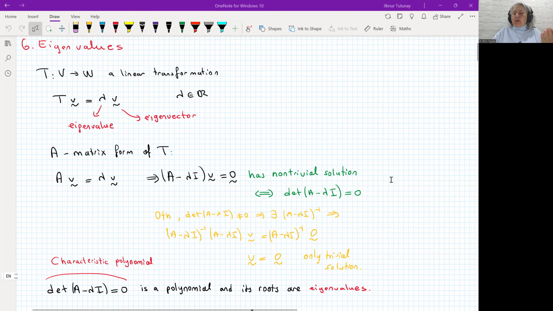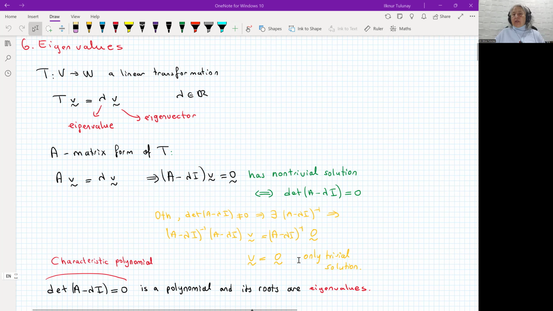There is a very simple reason for it, because if the determinant is not equal to 0, then there exists an inverse of this matrix. And then you multiply both sides with the inverse of this matrix. Multiplying the 0 with an inverse of any matrix will be the 0 matrix again. So the right-hand side will be all 0, but the left-hand side will be the vector. And immediately you will realize that that vector has to be the 0 vector.